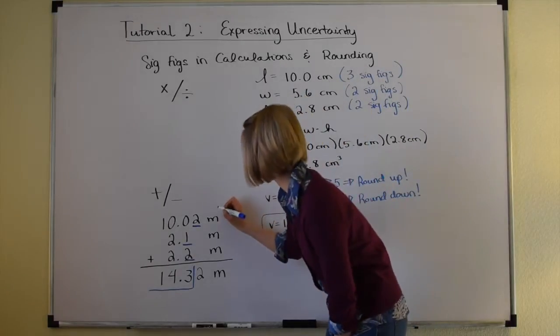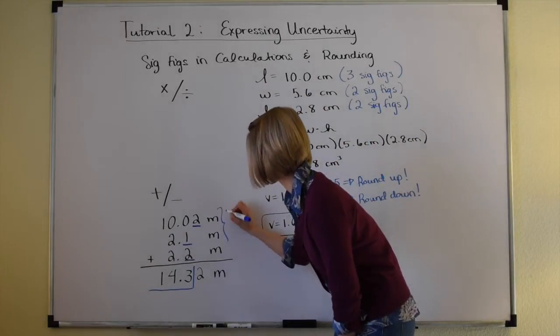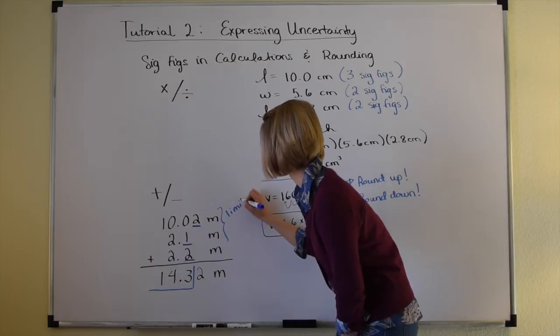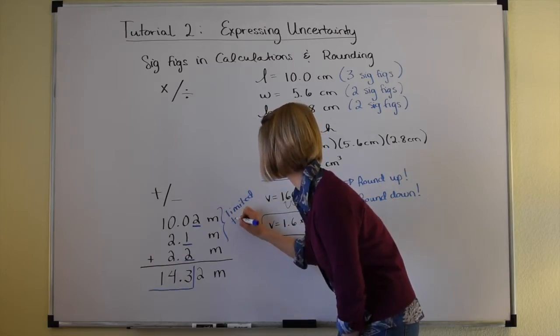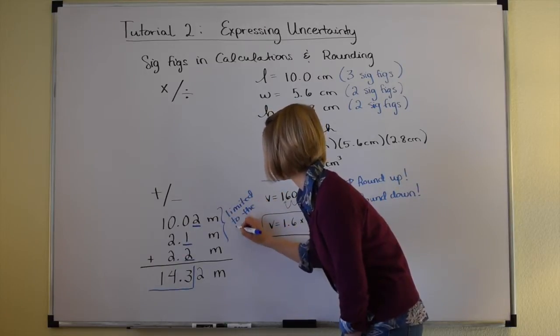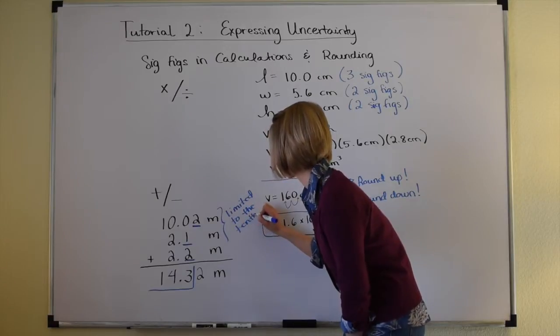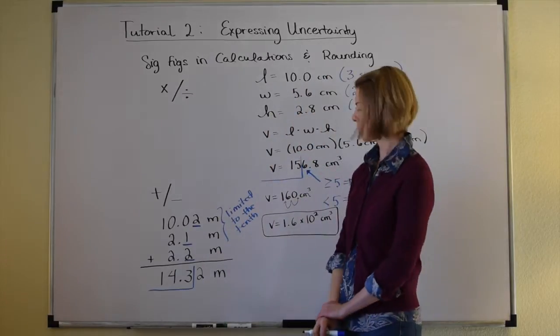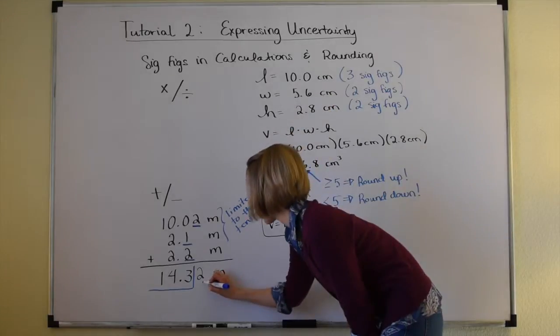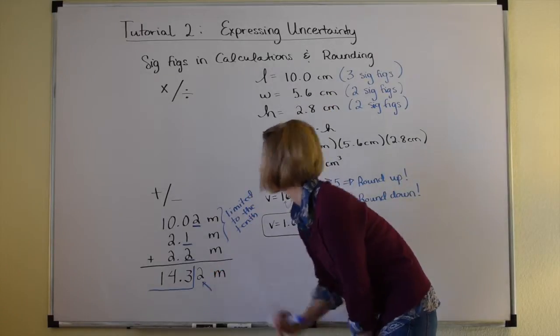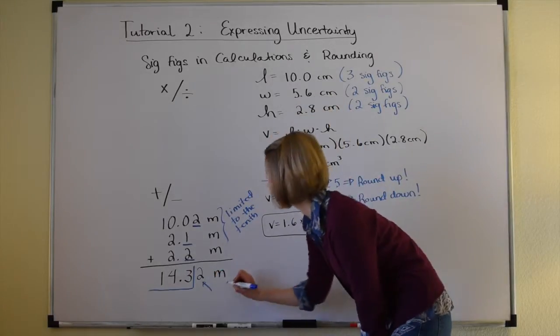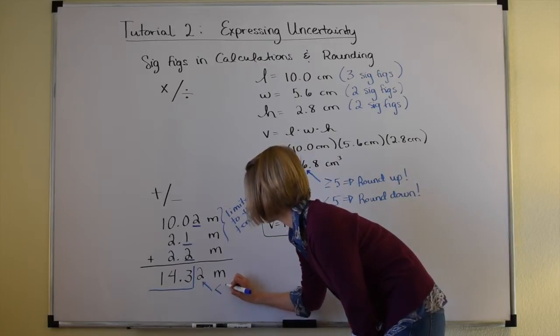So I'm going to write a little note here. So we are limited to the 10th because of these two measurements here. All right, so look at the leftmost digit to be dropped. In this case, it is less than 5.